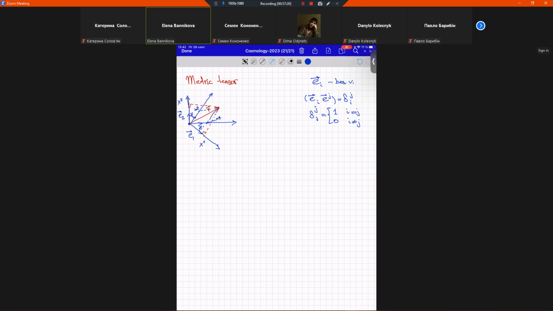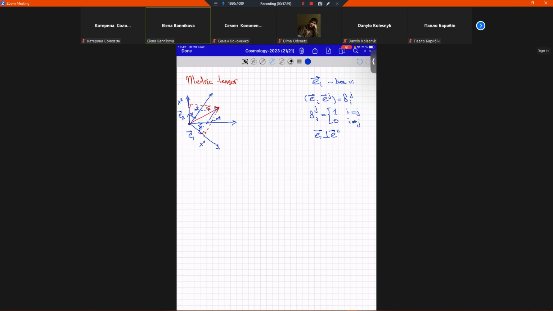So what is the idea? We can choose the coordinate system such that E1 is perpendicular to E2.